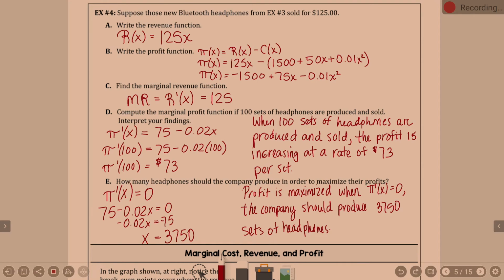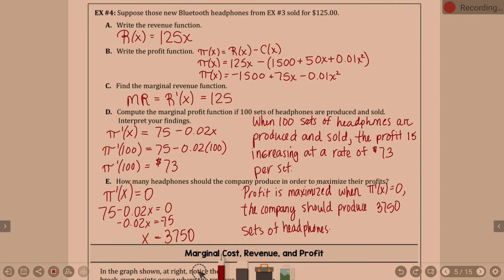Trying to think. If profit is maximized, does that mean profit is no longer increasing? There we go. Here's what I'm thinking. Up here, our profit was increasing at a rate of $73, right?